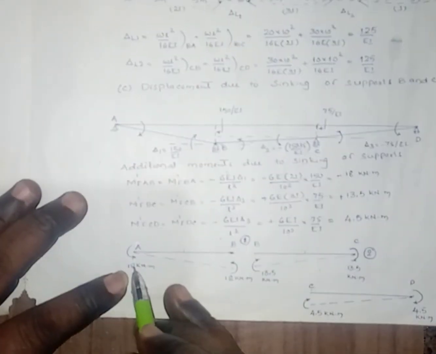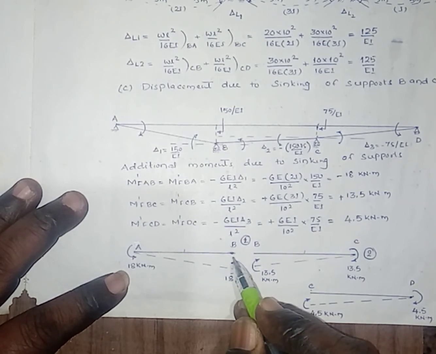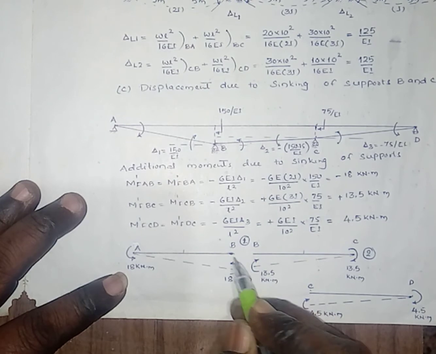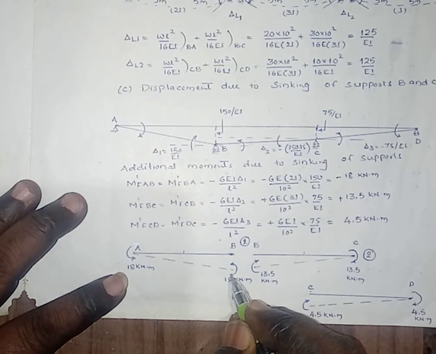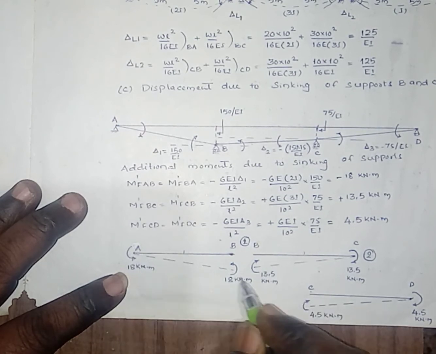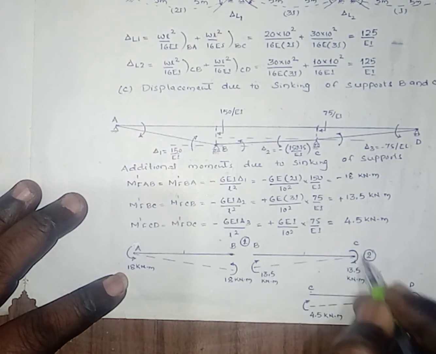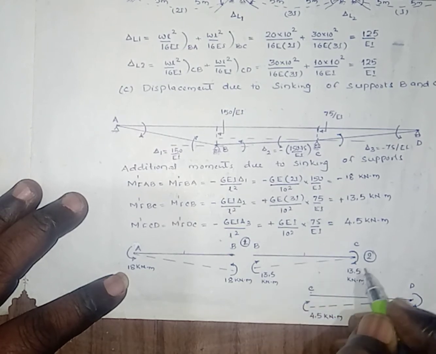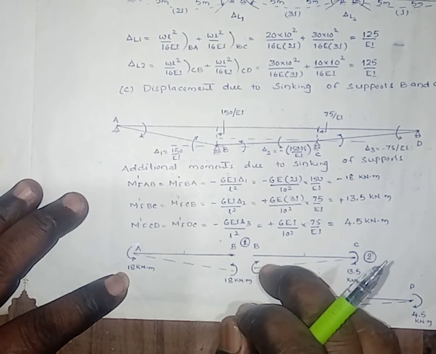Due to the two moments here, there is a rotation at B. There are two spans, BA and BC, and due to these two moments we get the displacement at B. Similarly, this is a hogging moment, this is a sagging moment, this is a sagging moment, and this is a hogging moment.